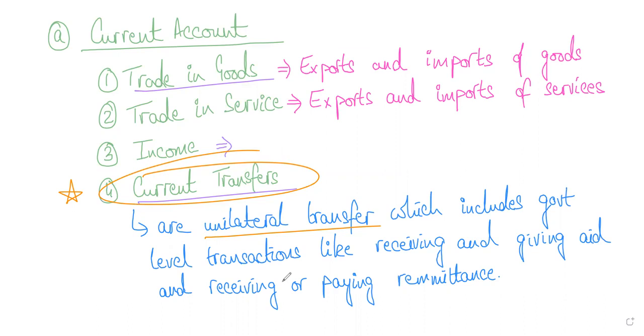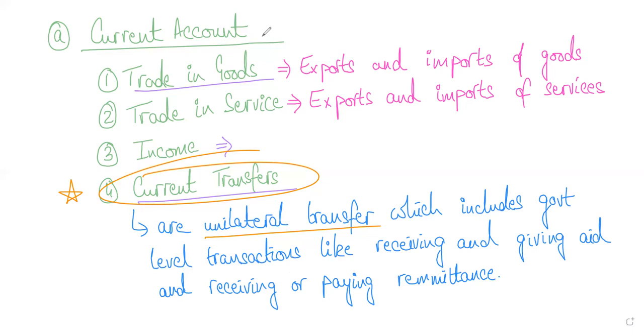So the first time when you receive that loan, would that be a credit entry or a debit entry? For the first time when you receive a loan from, let's say, IMF or World Bank, would that be a credit entry or a debit entry? That would be a credit entry, right? Because money is coming in. But loans have to be returned in the future.